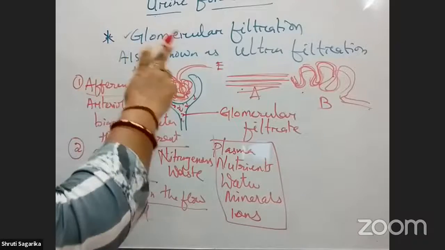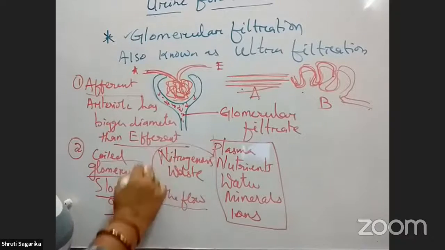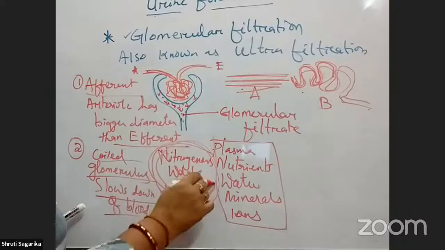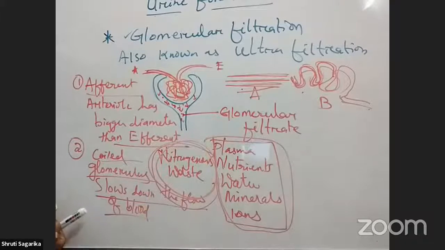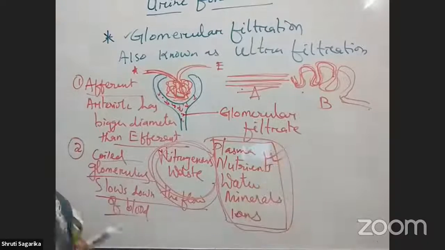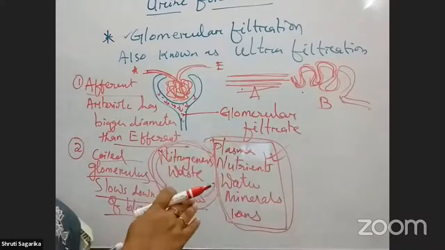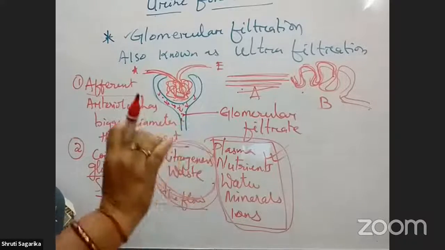Here, the blood again becomes the vasa recta. The capillary becomes vasa recta. But in this condition, what happens? Only nitrogenous waste has to be removed. So these are our required substances, and these required substances have to be sent back to the blood. That will be our selective reabsorption.